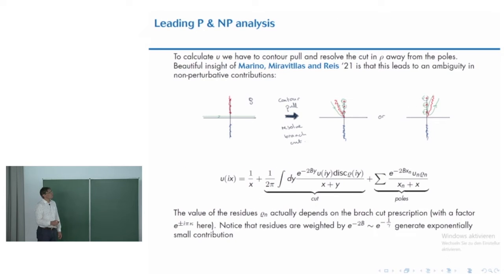So here's a picture of what's going on. Here's rho. My integration contour is the green line, and I have cuts and poles on the imaginary axis. So what we do is we contour pull this integral to both sides of the imaginary axis.